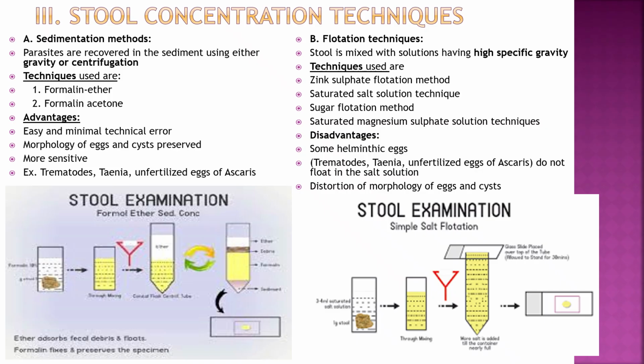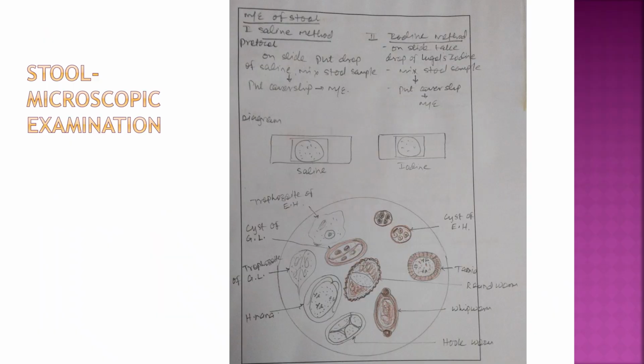The disadvantages: some helminth eggs like trematodes, taenia, and unfertilized eggs of Ascaris do not float in the salt solution. And distortion of morphology of the eggs and cysts is also there. So in this stool microscopic examination, we can see different morphological forms of the parasites.